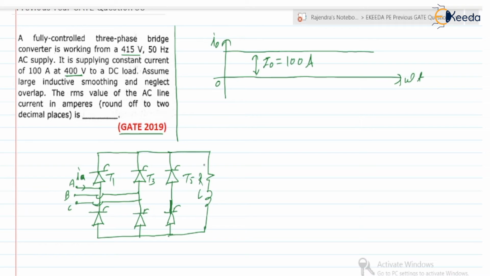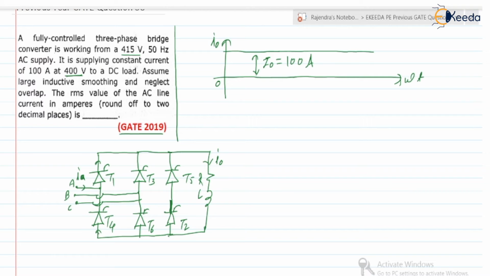Now if you recall the circuit operation, T1, T3, T5, T4, T6, T2. So current IA will be positive when thyristor T1 is in the on state, and it will be negative when thyristor T4 is in the on state.